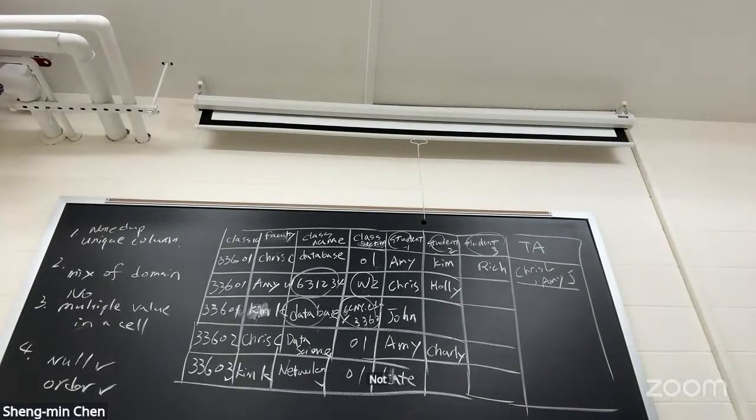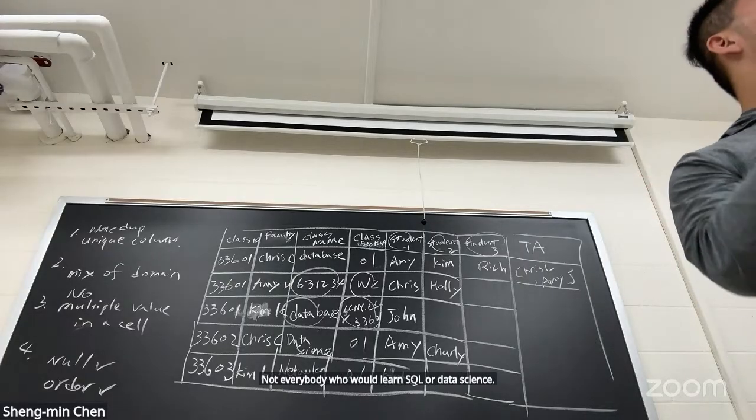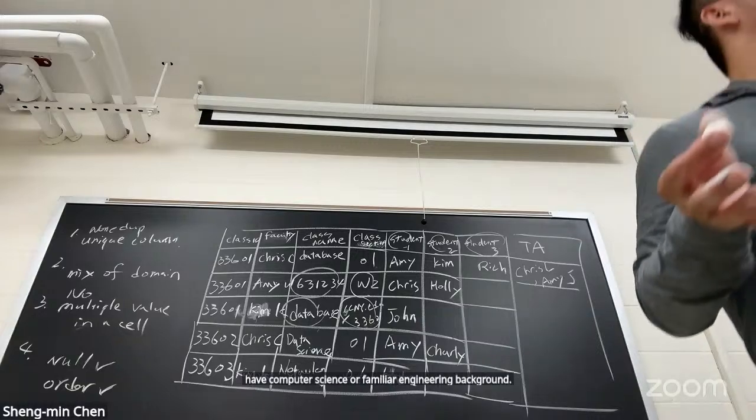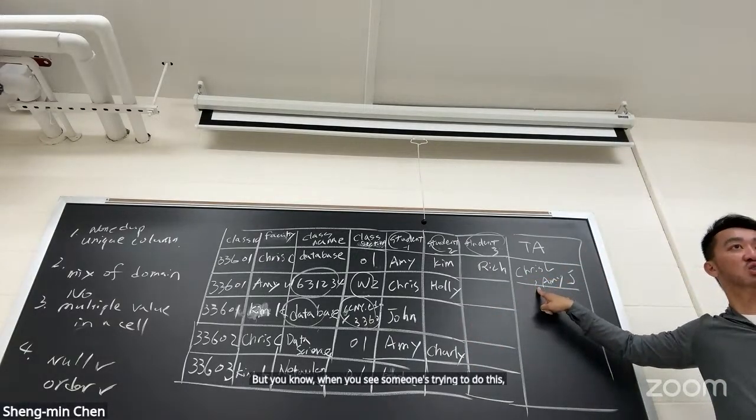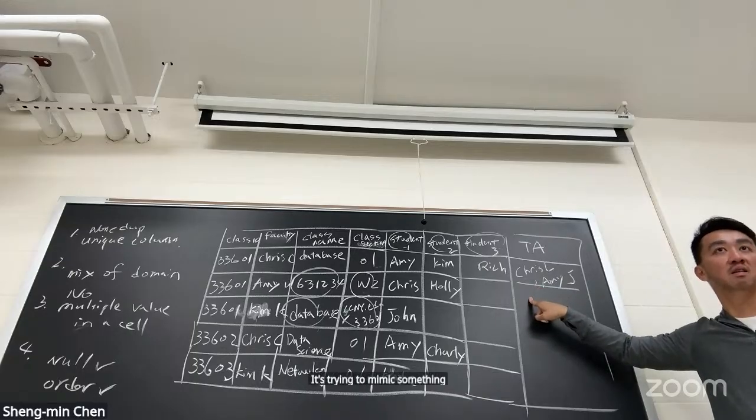Not everybody who learns SQL or data science has a computer science or computer engineering background. But when you see someone trying to do this, they're trying to mimic something as an array.